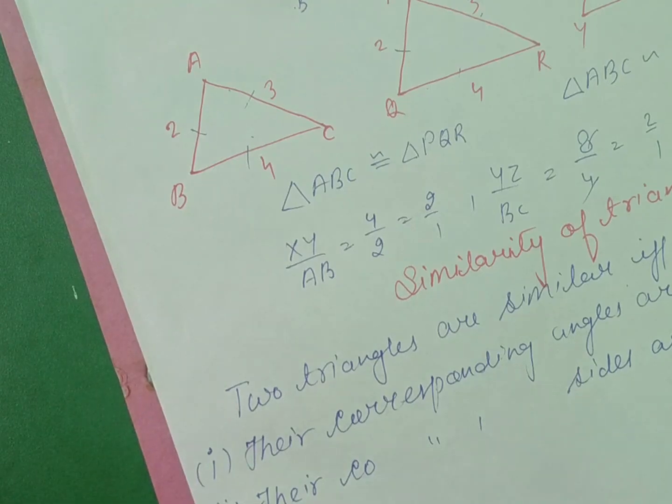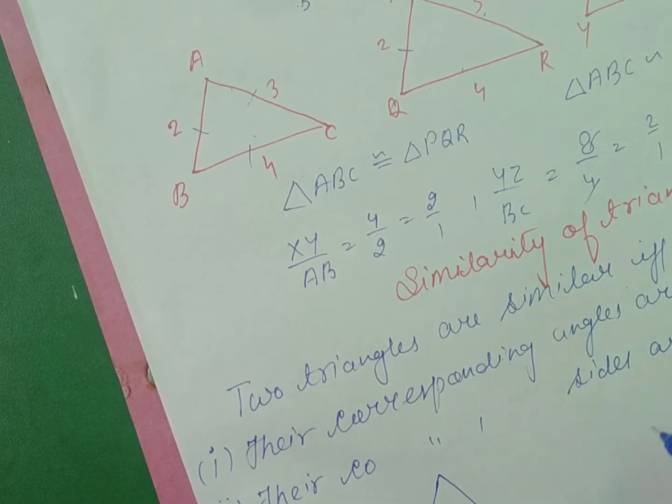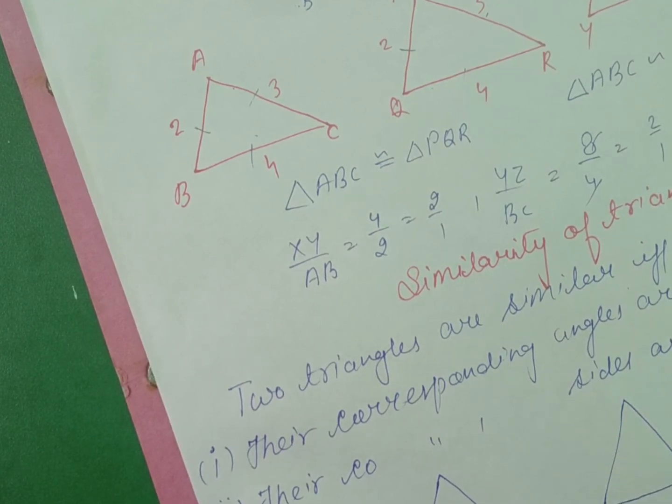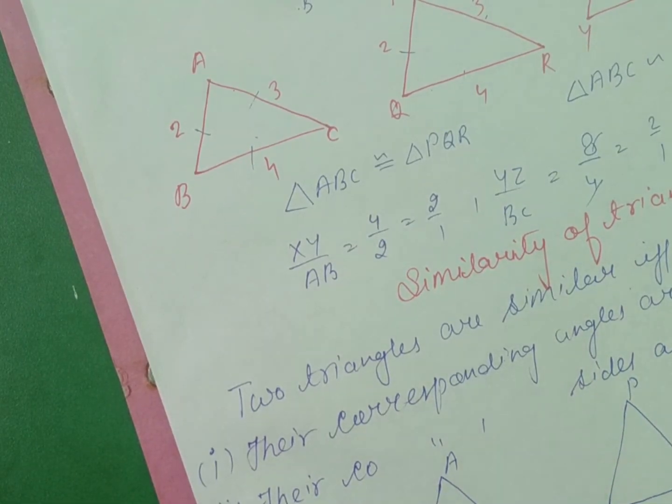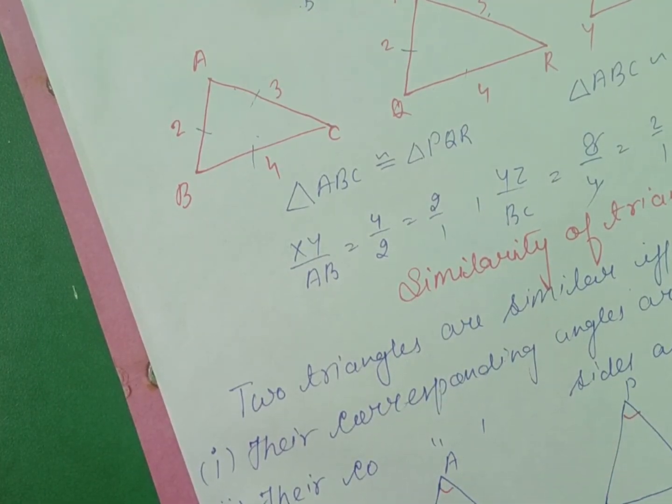So if these two triangles ABC and one more PQR, in this, angle A is equal to angle P. We can write it as angle BAC is equal to angle QPR.